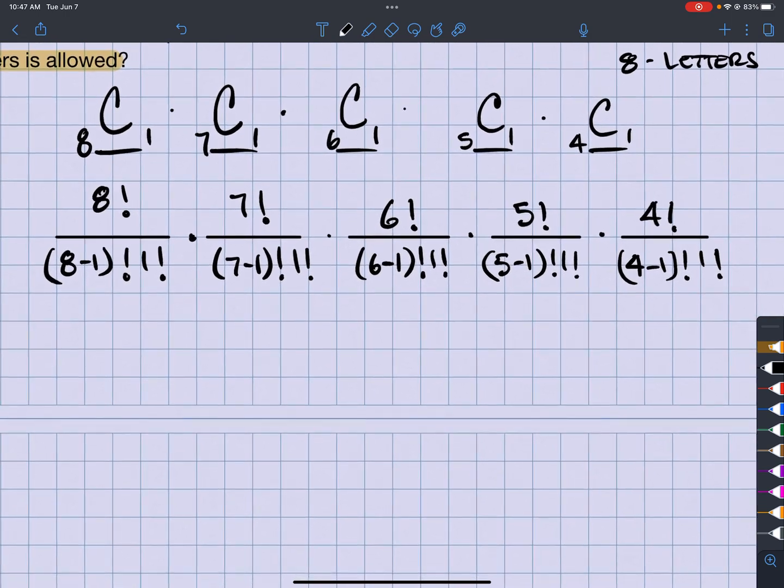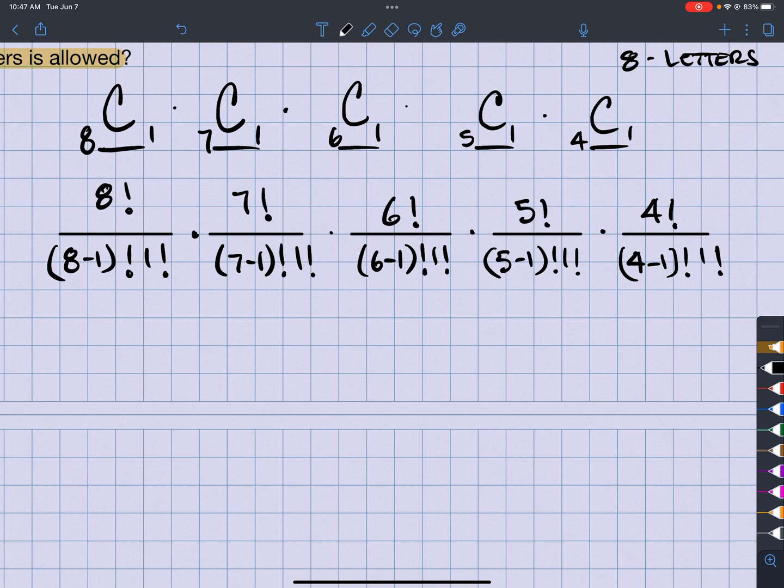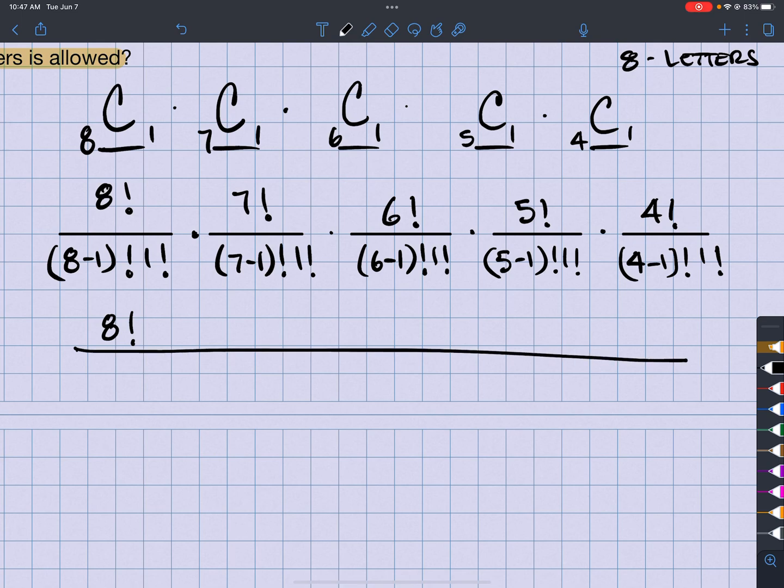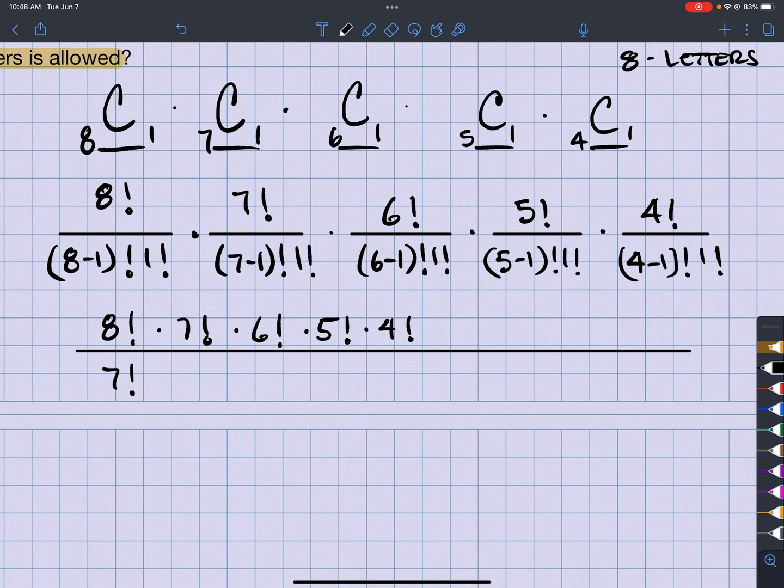All right, so I have 8 factorial times 7 factorial times 6 factorial times 5 factorial times 4 factorial on top. The bottom, let's do the math: I have 7 factorial times 1, and 6 times 6 factorial times 1, times 5 factorial times 1, times 4 factorial times 1, times 3 factorial.